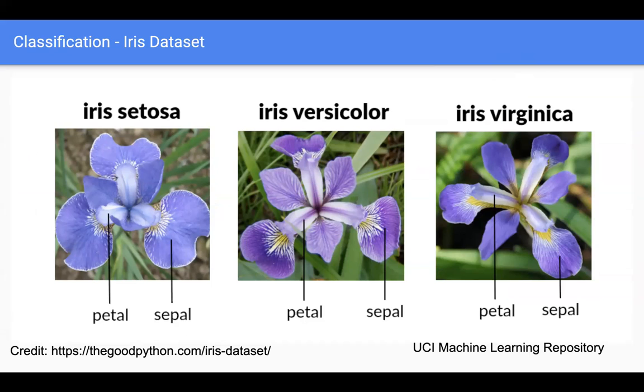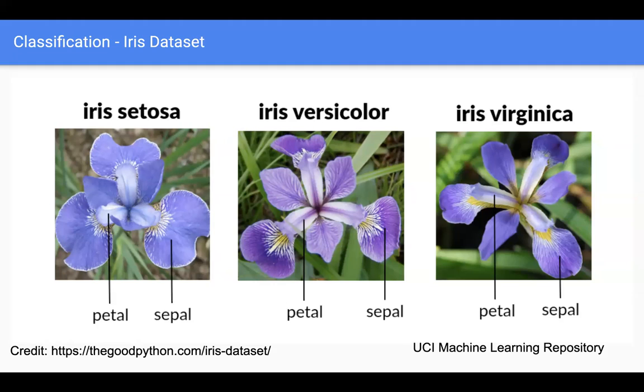In the Iris flower data set, we have a flower which belongs to 3 kinds of categories: Setosa, versicolor, and virginica. If you just skim through it, they look almost the same, but if you observe minutely, the distinct features are the petal and the sepal that you see.